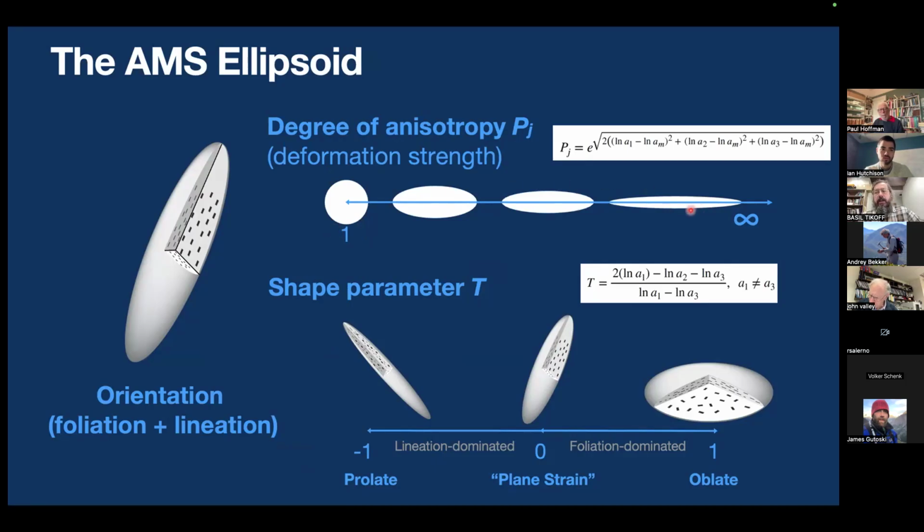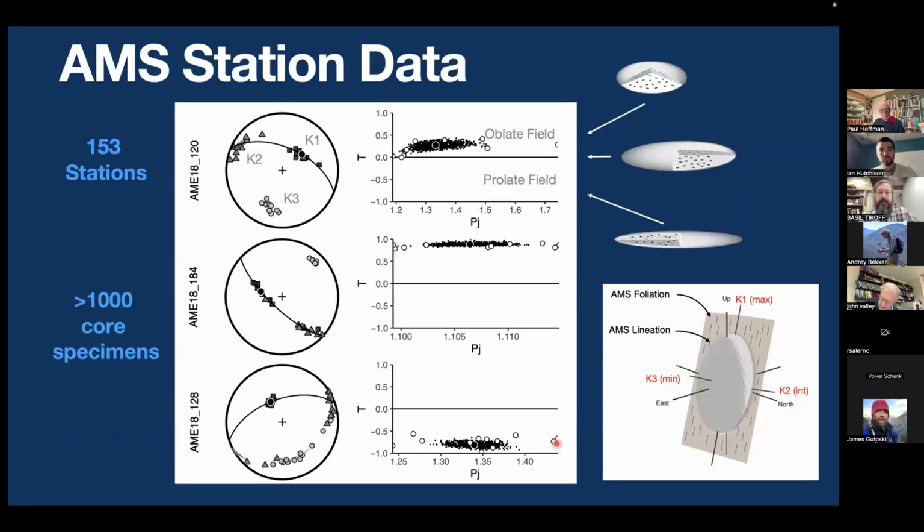You get higher numbers, but you typically don't go above 2 or 3 with granites. That tells you how deformed the rock is, or how well the minerals are aligned. And then we get the shape parameter, which tells us the difference between lineation only, foliation only, or this triaxial or plane strain ellipse.